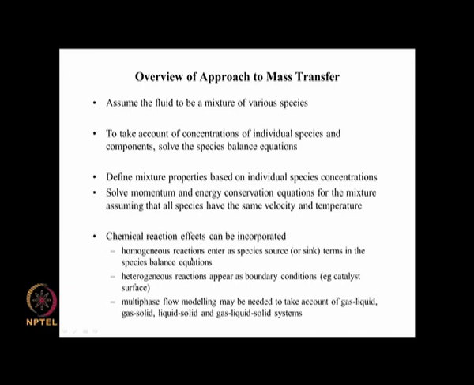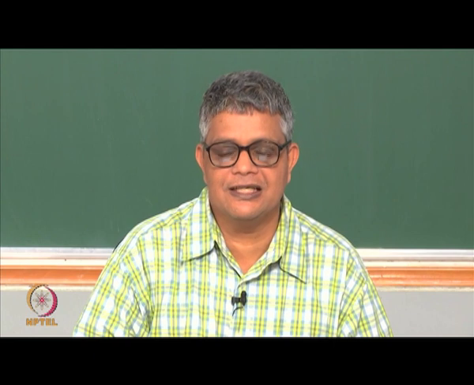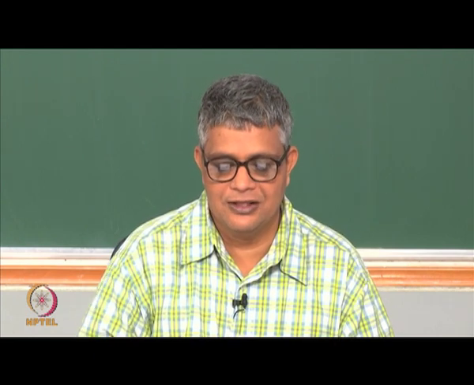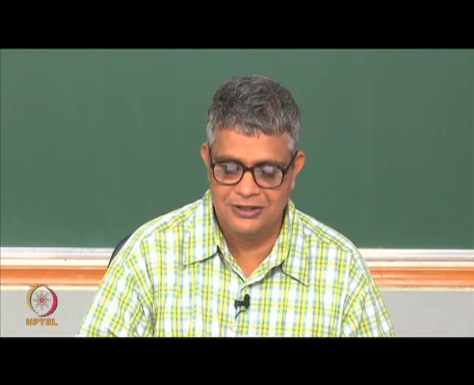In the case of homogeneous reactions, these enter into the overall calculation scheme in the form of either a source term or a sink term of the species balance equation. So, there is a certain rate of generation or rate of destruction of a species because of chemical reactions. We are not considering nuclear reactions, therefore, there is no destruction or generation of species from that.